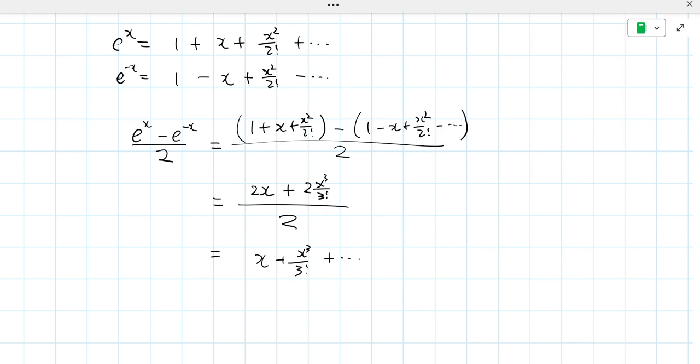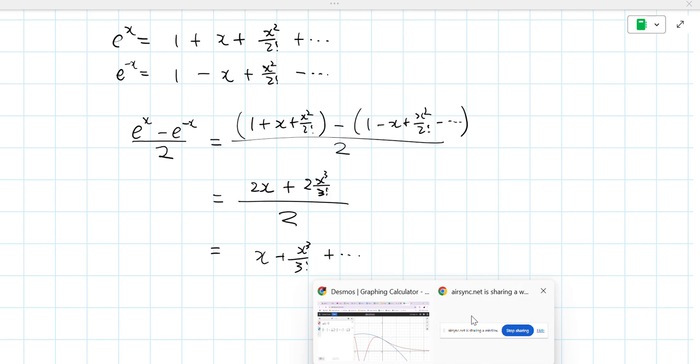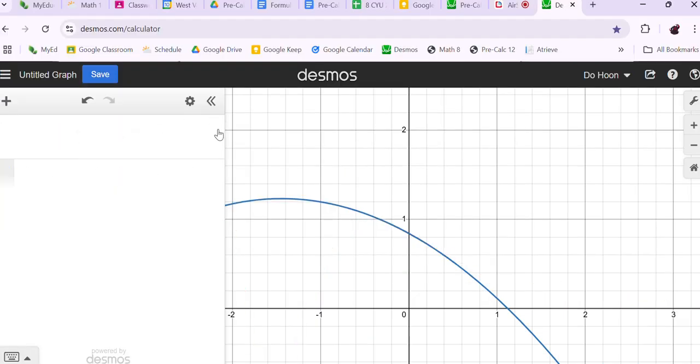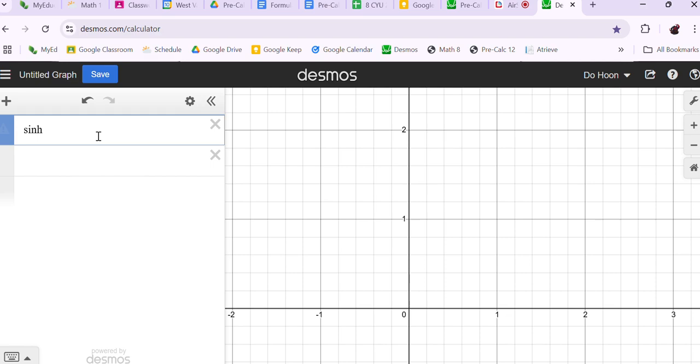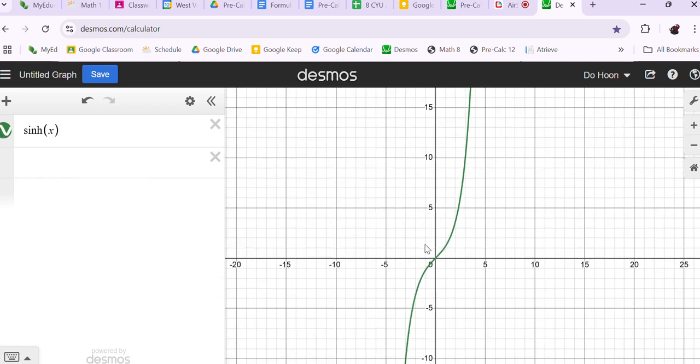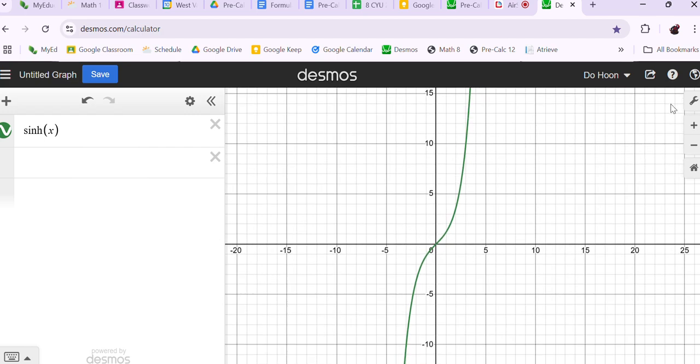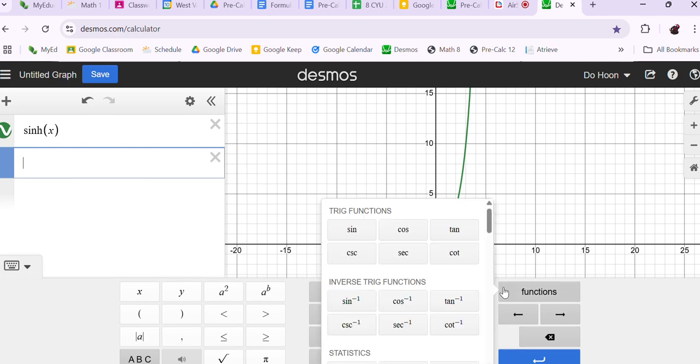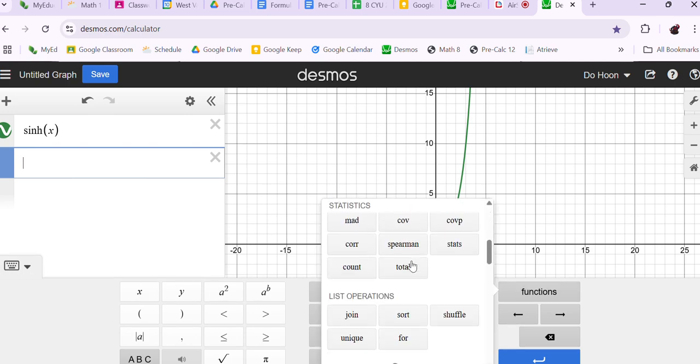So hopefully this one is very short. In the textbook, it's like 2 pages, so let's just move on to the next one. By the way, just for fun, what is this hyperbolic sine function? I think we can write it as sinh of x.